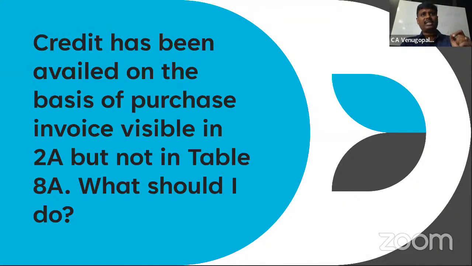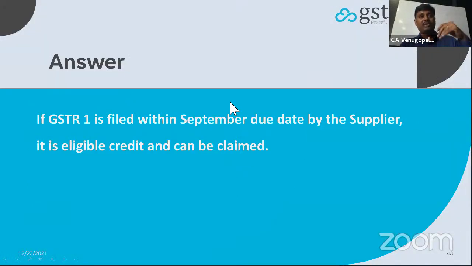The next question, similar to it. This credit which has been availed on the basis of the purchase invoice is visible in 2A, but it is not visible in 8A. It is there in 2A when I downloaded, but it is not there in 8A. Why? I have told you that 8A is computed basis the September data. If your GSTR 1 has been filed after the September, it will not be visible in 8A.